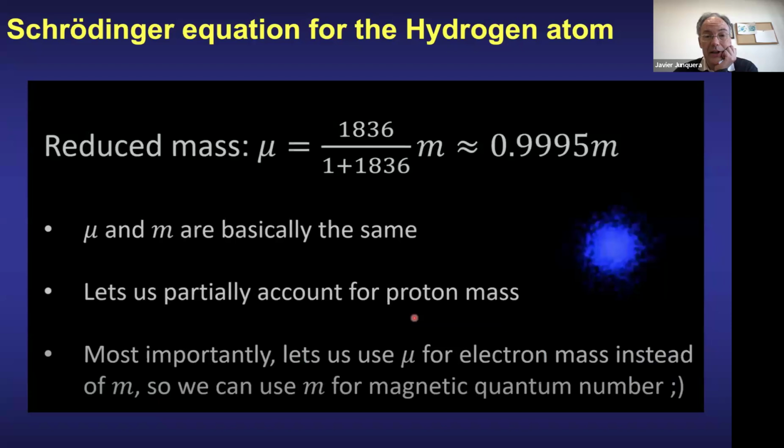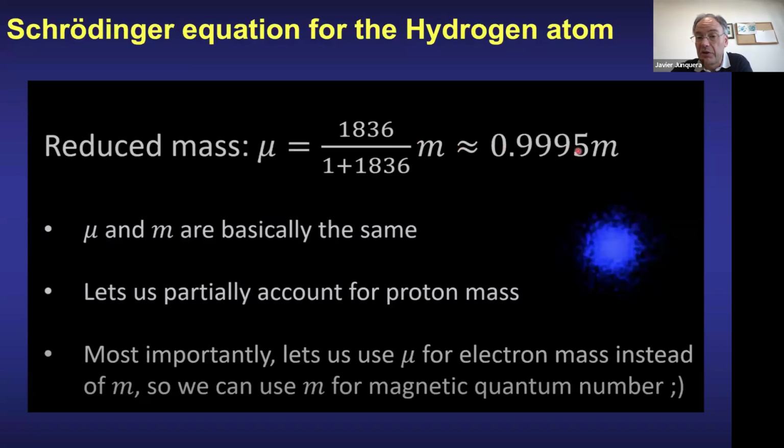Another important thing that we can do is just to use this reduced mass. Essentially, this is related with the fact of solving the problem of a particle with a reduced mass that is going to move around the center of mass of the system. In this particular case, since the mass of the proton is much larger than the mass of the electron, this reduced mass is pretty close to the mass of the free electron.